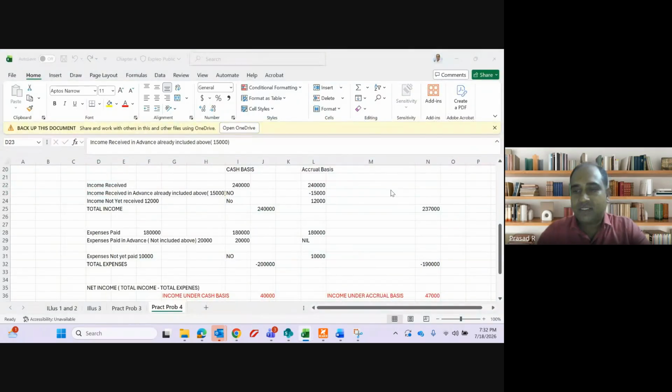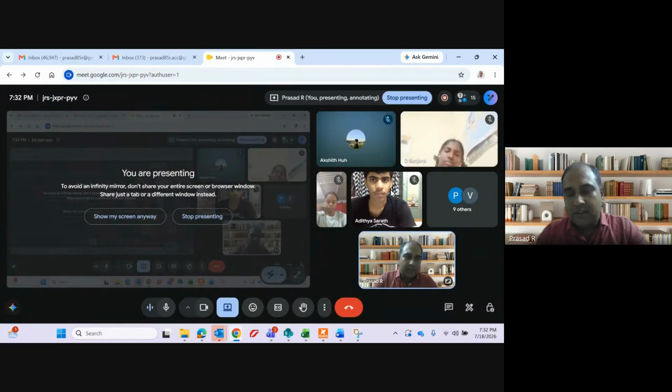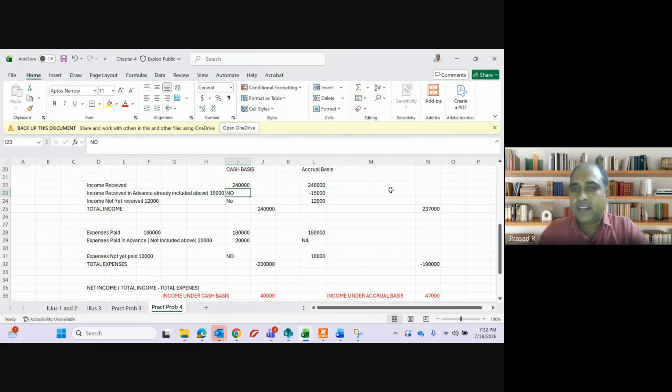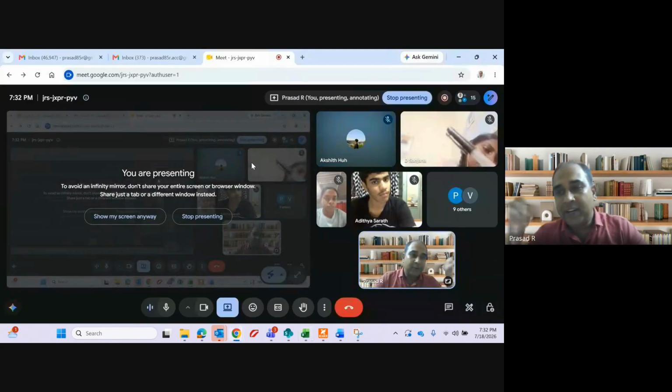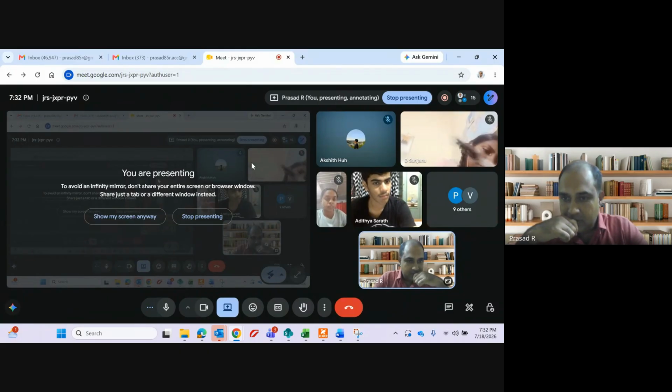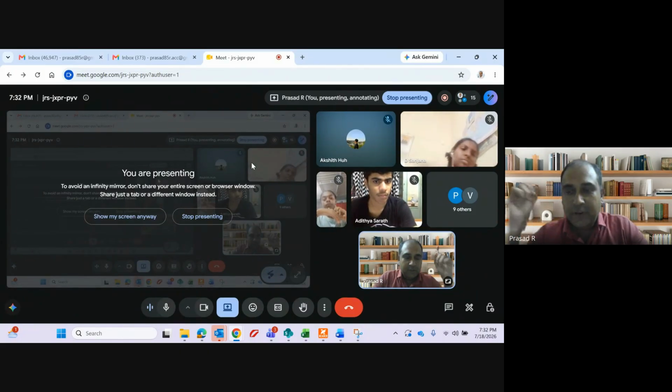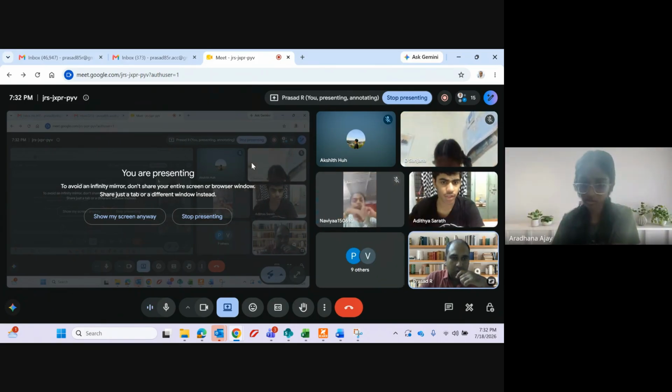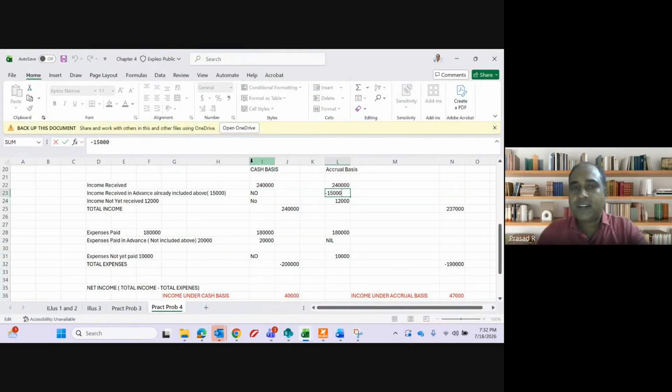Income received in advance, it's already included. If it is already included, should I give any treatment under cash basis? I should not give any treatment under cash basis. But in accrual basis, can I show income received in advance, if it is pertaining to next year? No, sir. That is the reason I have deducted it.